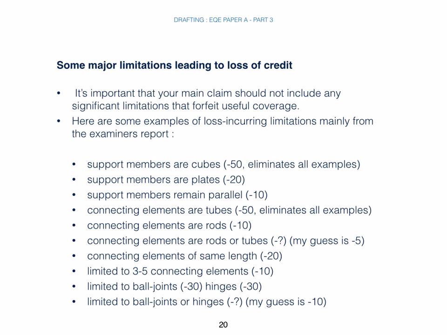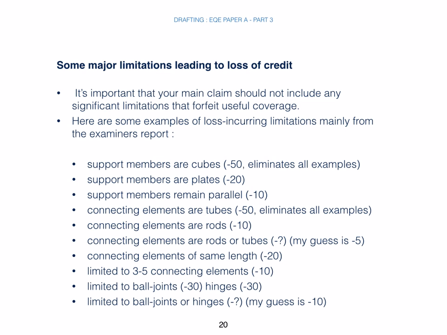It's important, obviously, that your main claim should not include any significant limitations that forfeit useful coverage. Here are the examples from the examiner's report. If you should claim that the support members are cubes, you lose 50 out of 50 points. You get 0 points for your claim because your claim has eliminated all of the client's examples.